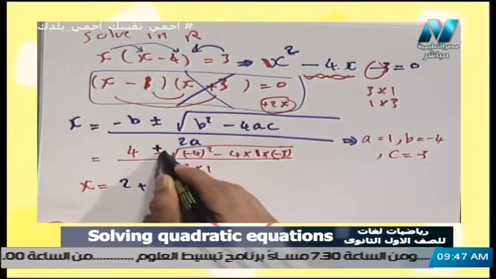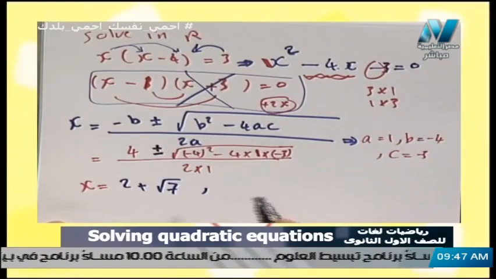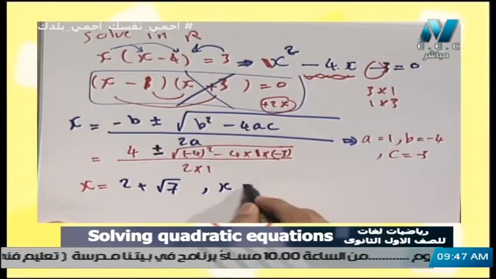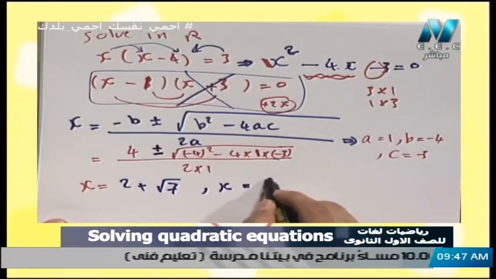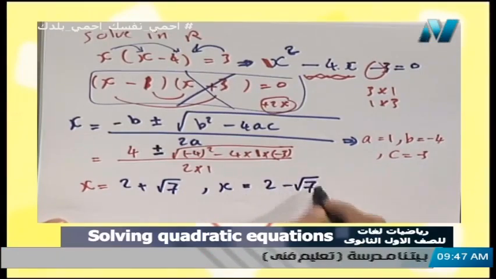But when you put minus instead of plus, you will find that x equals 2 minus root 7. Okay?